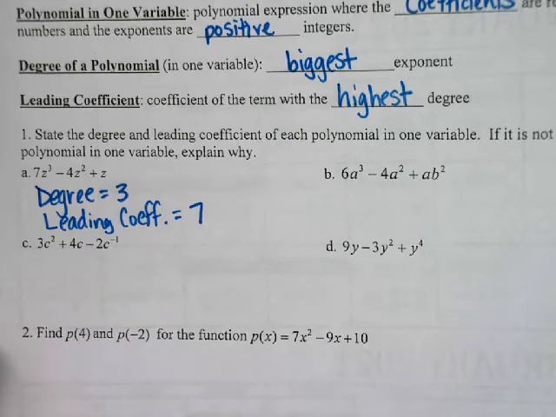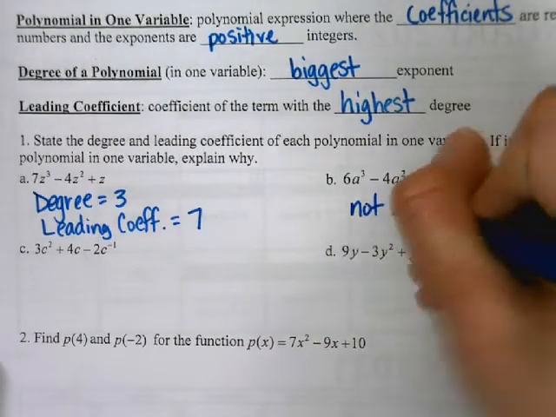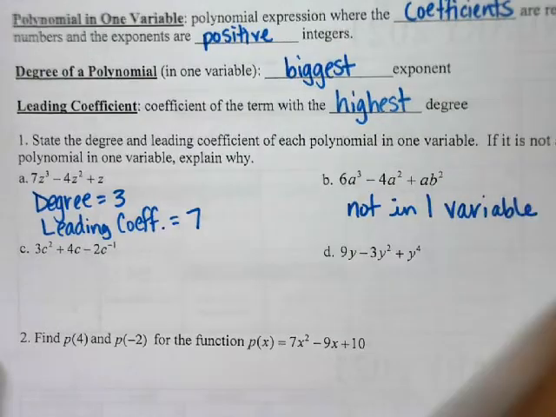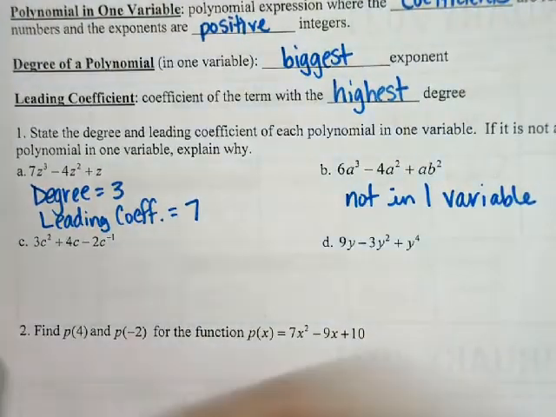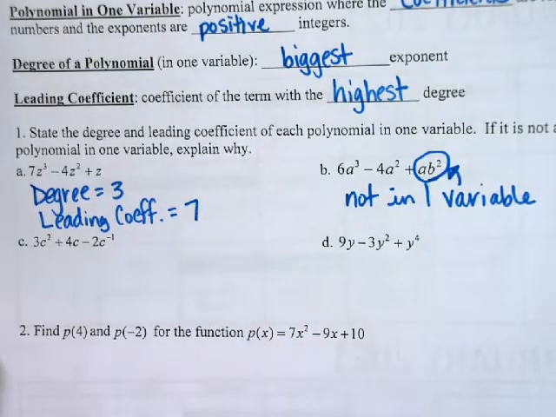Okay, look at letter B. It says 6a cubed minus 4a squared plus ab squared. Am I in one variable? No, I got an a and a b, so I don't even have to say anything else, because of that guy right there.